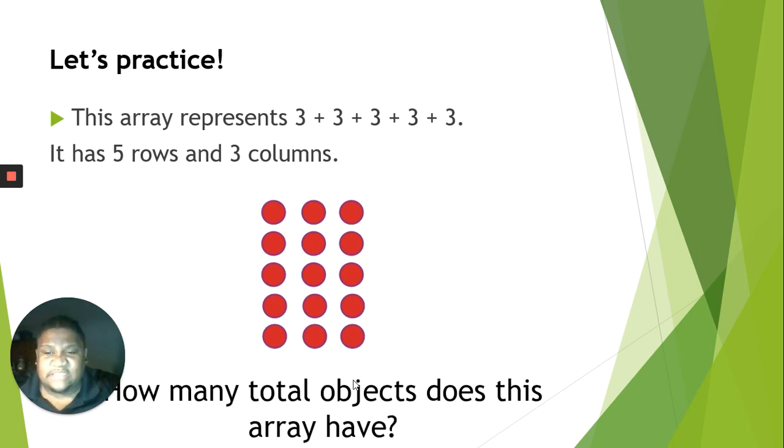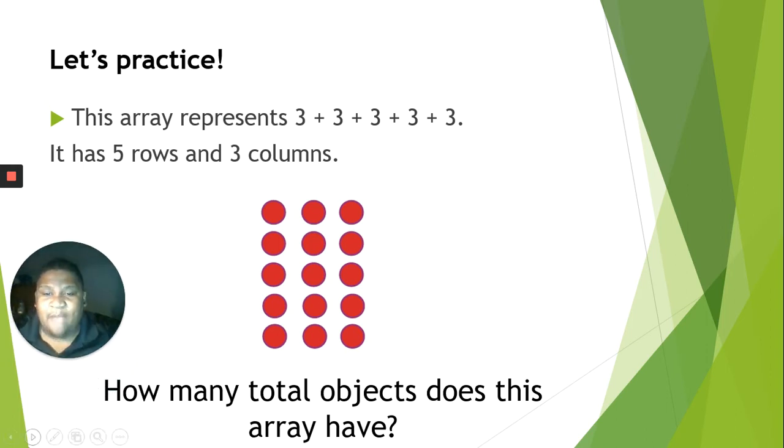All right, so the essential question is, how many objects does this array have? I'm going to give you a few seconds to count the amount of objects in the array.